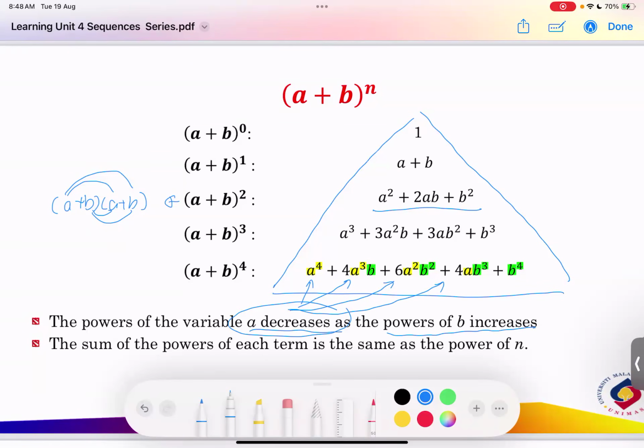But when a decreases, b increases in power. This one is actually power of 1, but by default we need to write 1 here. The sum of the powers of each term is the same as the power of n.